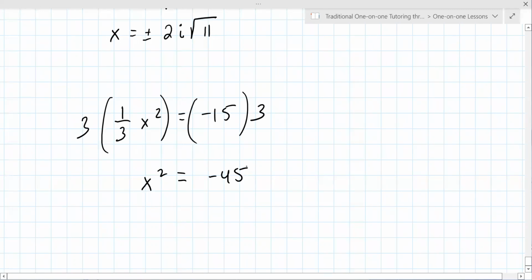They're just a distraction. So x equals plus or minus 3i radical 5. Perfect.